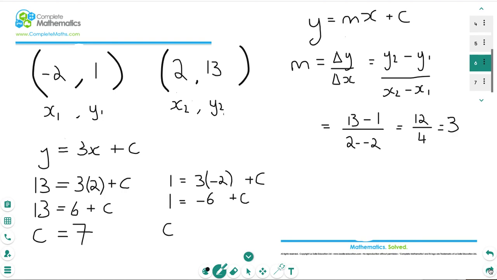And indeed, c has a value of 7. It doesn't matter which of the coordinate points you use, as long as you use the x and y value from the same coordinate pair. We can write this as an equation, y equals 3x plus 7.